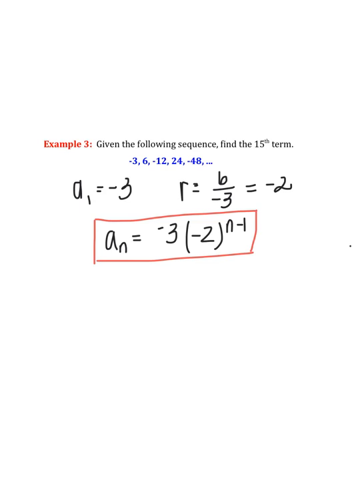And now to find the 15th term, I'm going to substitute 15 in for my n. So my 15th term is equal to -3 times -2 to the 15 minus 1 power.